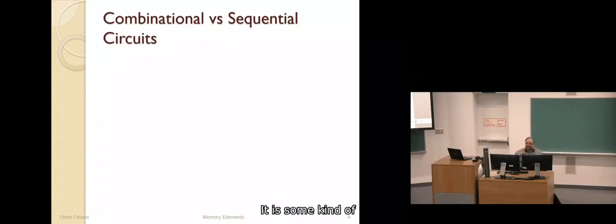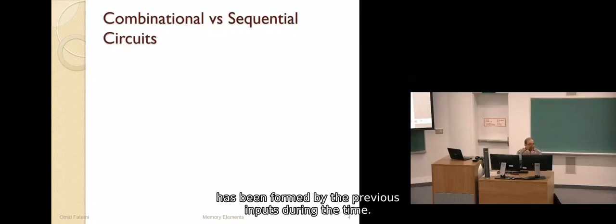So it is some kind of memory, and we are going to talk about memory elements now. The state is the whole context of the current situation of the circuit, which has been formed by the previous inputs during the time.